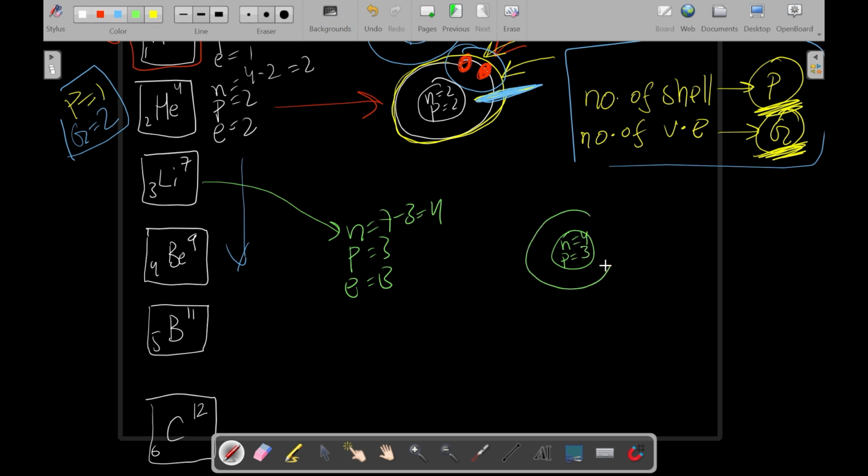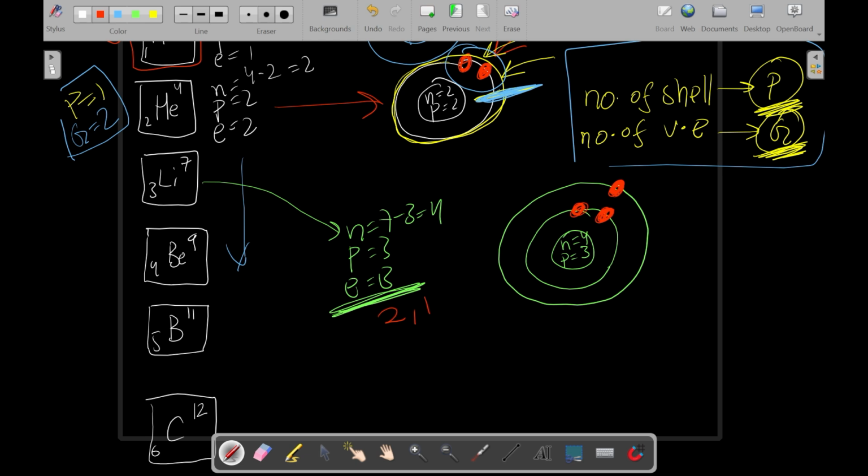For the allocation of the electrons, we have 3 electrons. So 1 and 2, we've got 2 electrons in our duplet, and then the leftover electron will be accommodated in the octet, which is our second shell. We need to remember that the first shell is called the duplet, and the second shell is called the octet. Shells, energy levels, orbits, you can call them anything.